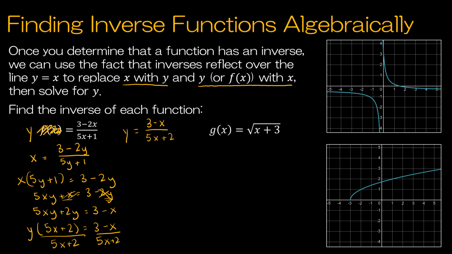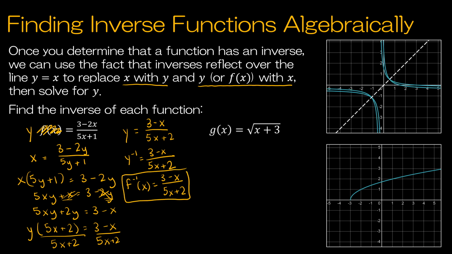Now typically you're either going to write this as y inverse is equal to (3 minus x) over (5x plus 2), or you're going to write f inverse of x. Either way, it's correct. Just pay attention to whether it asks for function notation or not, but this is in fact a function.